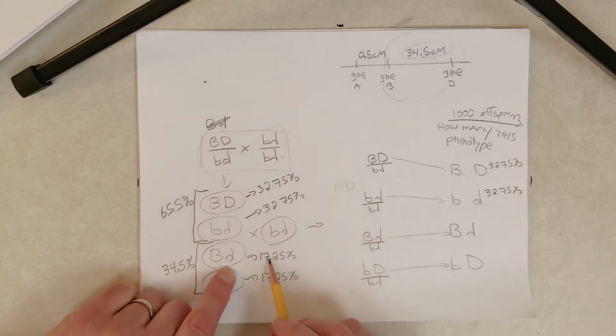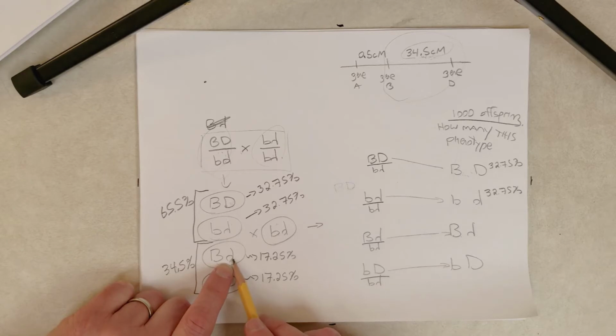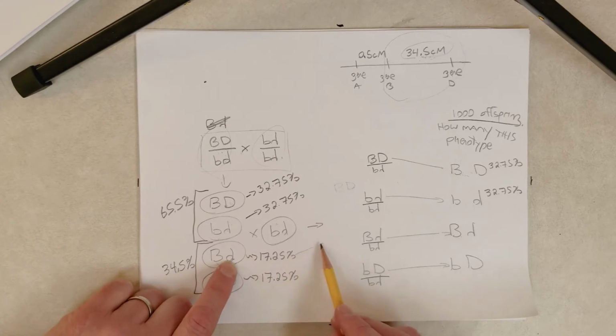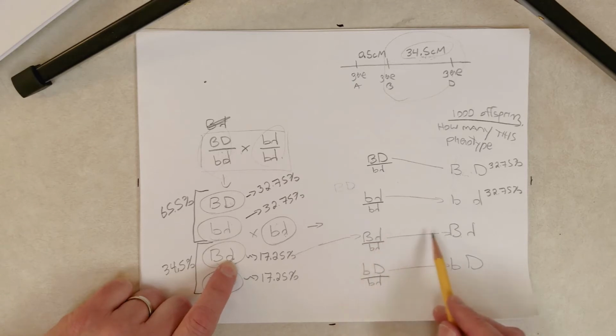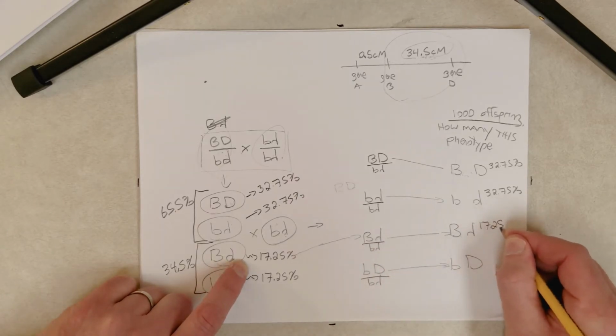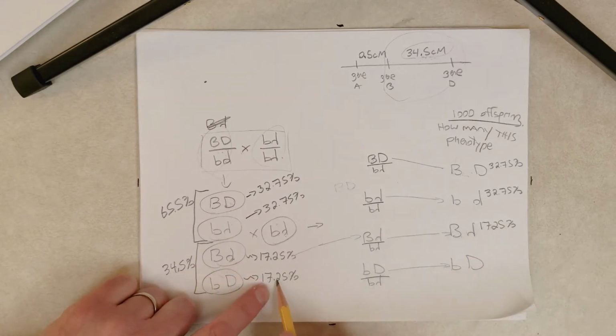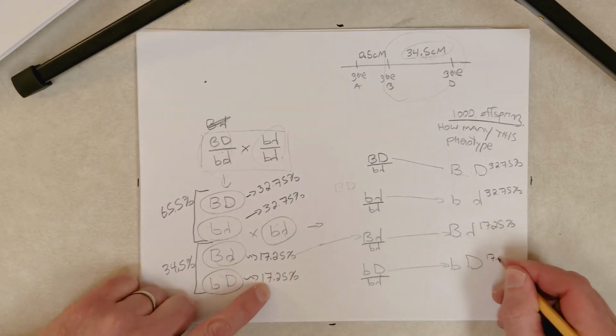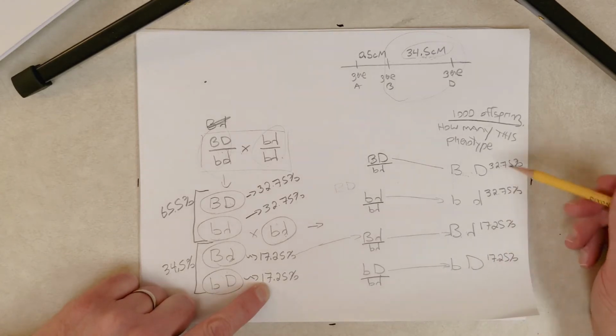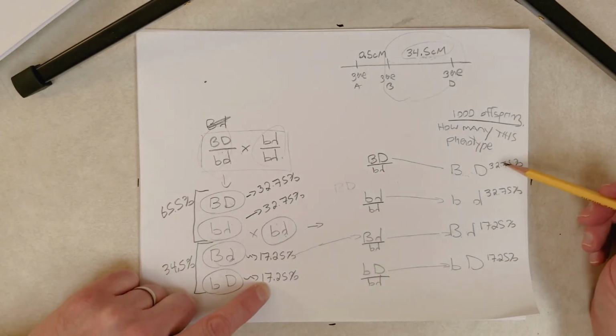For this one down here, 17.25% of the 1,000 were this, so we're predicting 17.25% of the 1,000 to have this genotype and phenotype. And same thing for this one right here, 17.25%. So we just need to figure out what 32.75% of 1,000 is.